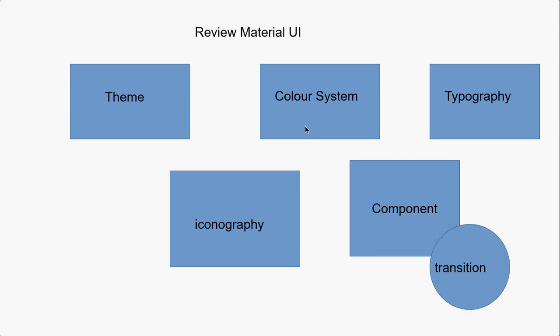The secondary color helps us distinguish the product in a different way. We can apply the secondary color to headings or headlines, progress bars, section controls, sliders, or switches.